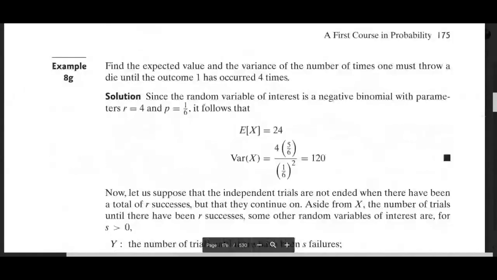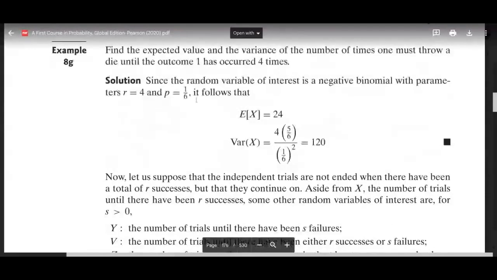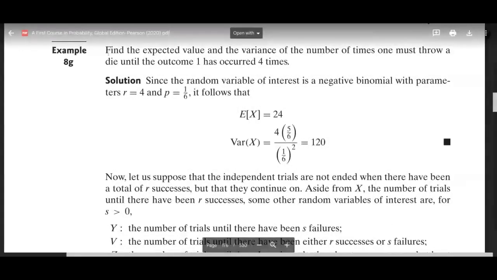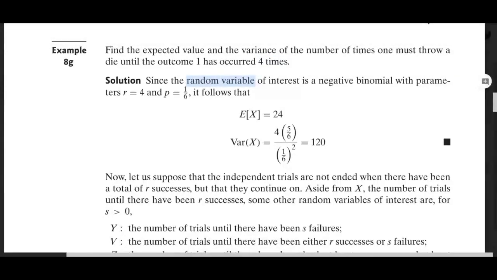Okay, let's see this example. Find the expected value and the variance of the number of times one must throw a die until the outcome 1 has occurred 4 times. All right. Since the random variable of interest is negative binomial with parameters r equals 4, p equals 1 over 6, because getting 1 from tossing a die is 1 over 6.